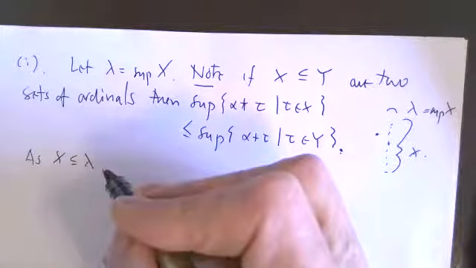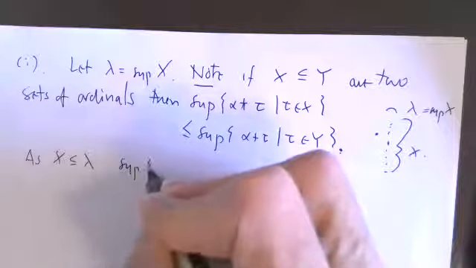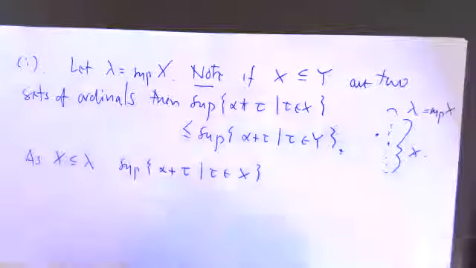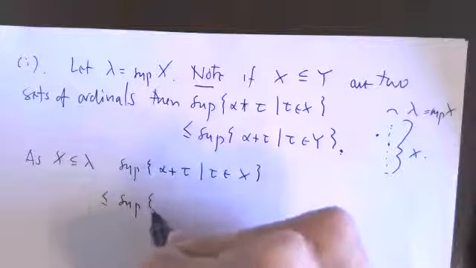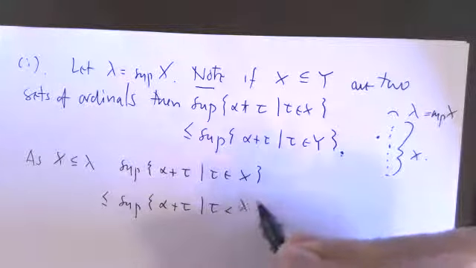So as X is a subset of lambda, the sup of the alpha plus tau for tau in X is less than or equal to the sup of the alpha plus tau for tau less than lambda.